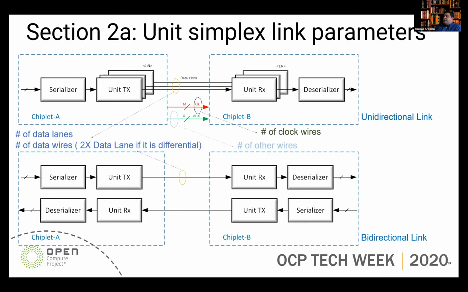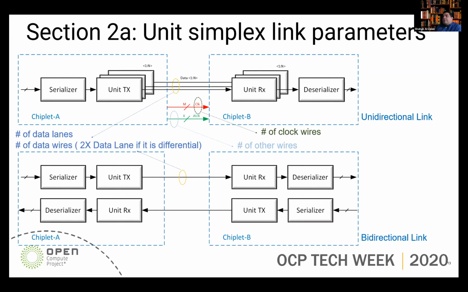Further details in terms of the link and number of wires: we divided the number of wires into a couple of different categories. For example, we captured the number of data wires needed for communication between the two units. Again, remember units are simplex and unidirectional.